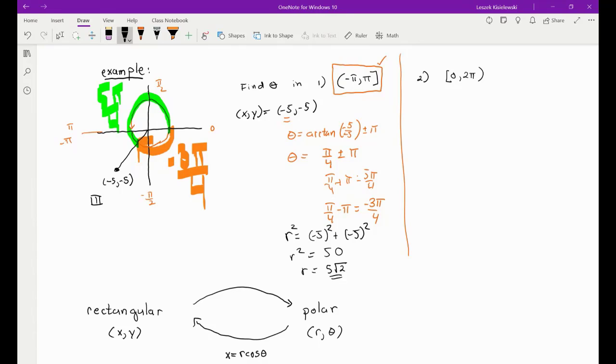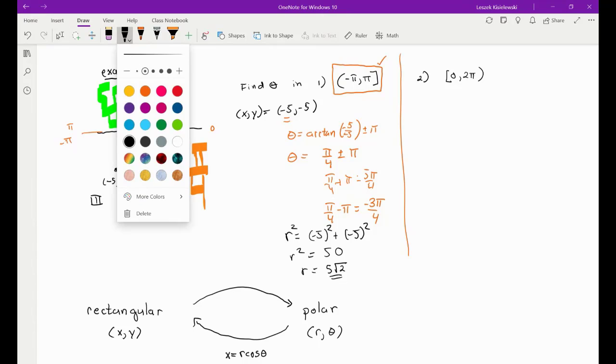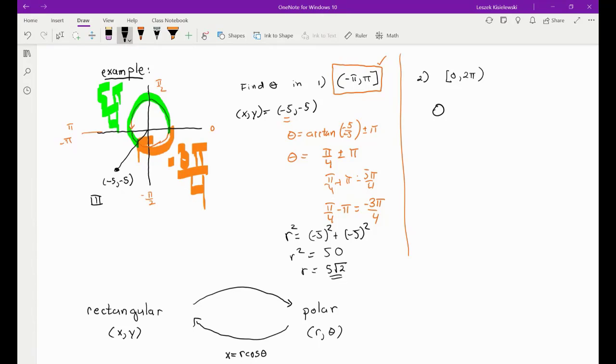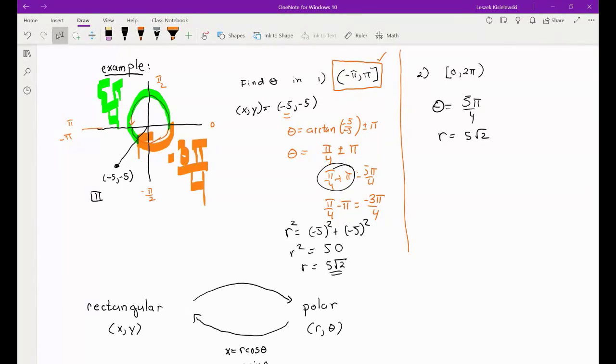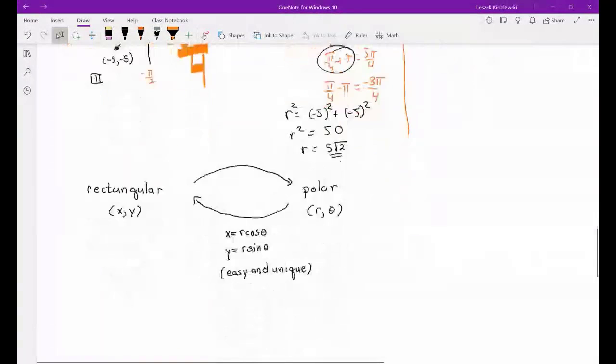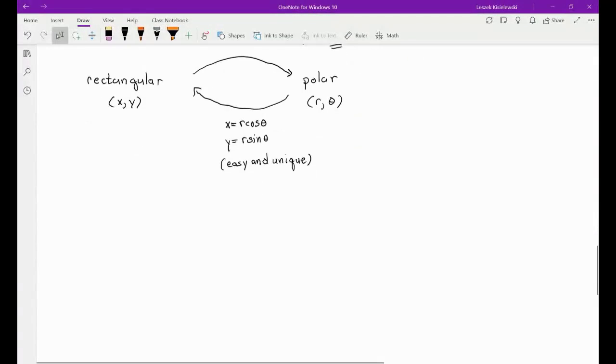Okay. So on the other hand, if we wanted our theta to be in the range from 0 to 2 pi, so not negative, I would still use my formula, but this time I would add pi, right? So theta would be 5 pi over 4.